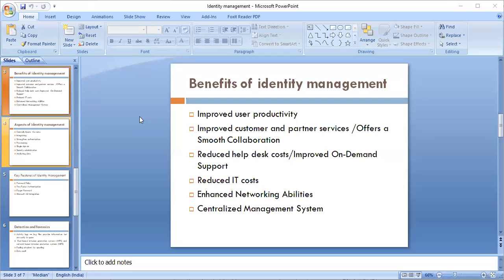It's just the identity management. Once the user is authenticated and authorized, we don't have to put in additional mechanisms, which ultimately helps us reduce the IT cost, or the additional cost of investing in security. Also, it is helping us with enhanced networking abilities.